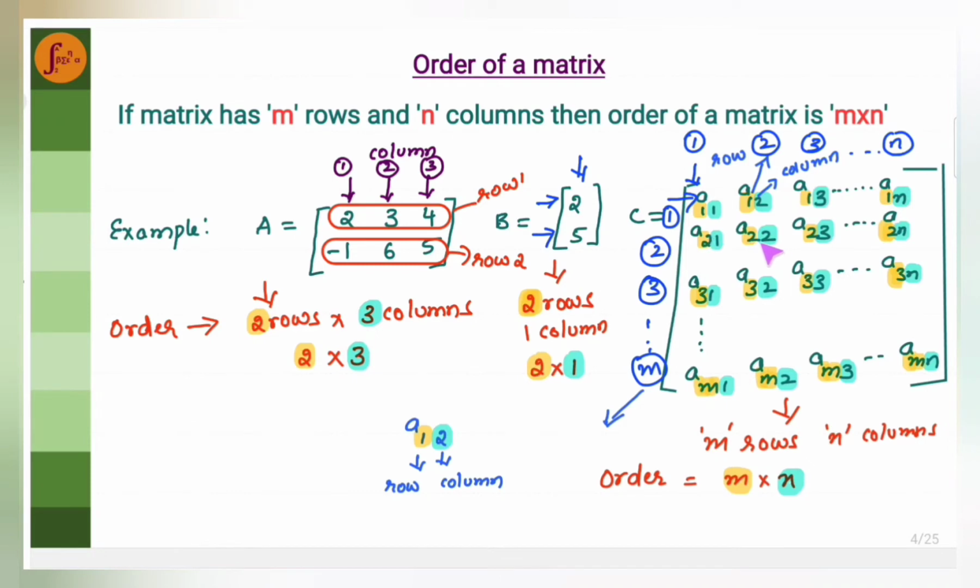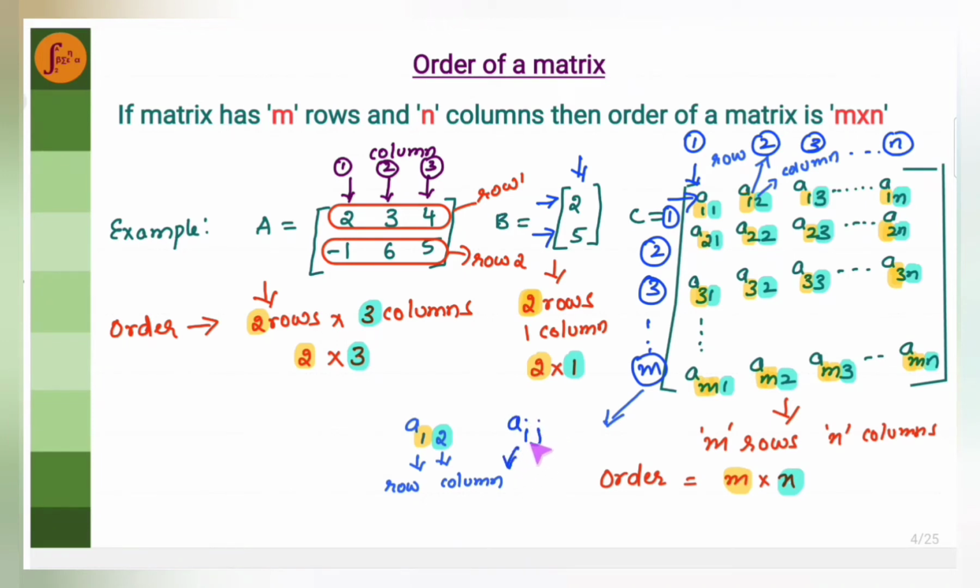Next element, A22. A22 means second row, second column. A23 means second row, third column. So like this, for the entire matrix, if there are m rows and n columns, then the order is m by n. So basically we represent an element in a matrix as A, I, J.